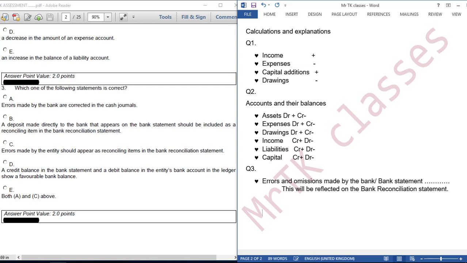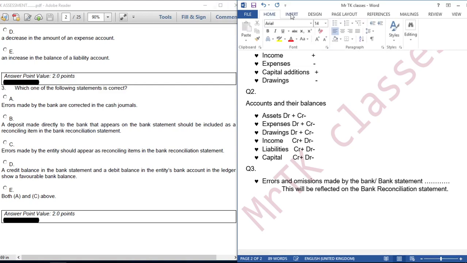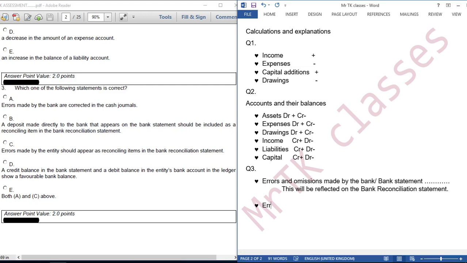All right. So the next thing that we have to write here is errors and omissions made by the entity. Right here, let me just say or cash journals.